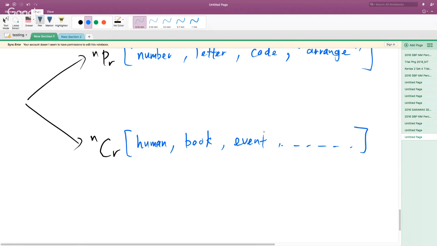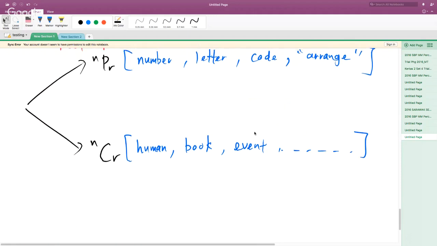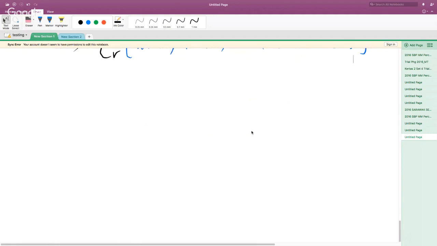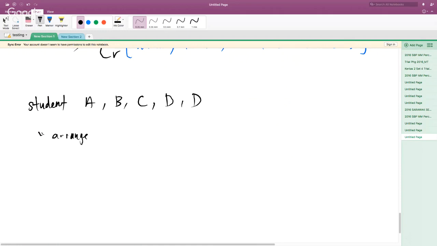So I will just give you a case about humans. If today I want to take a photograph, I have students A, B, C, D, E. In the question, they always say arrange in a row to take the photograph.